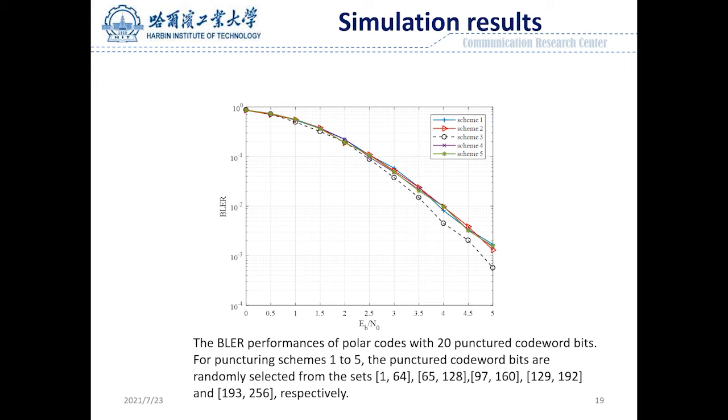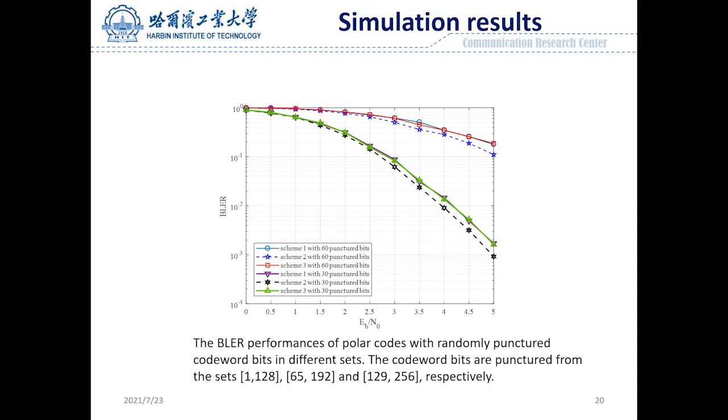It's shown that there are various significance levels between the codeword bits, and the significance levels of the codeword bits will be affected by their positions. Thus, we make an assumption that the codeword bits in the middle sites have lower average significance levels than the others. We define 3 puncturing schemes.